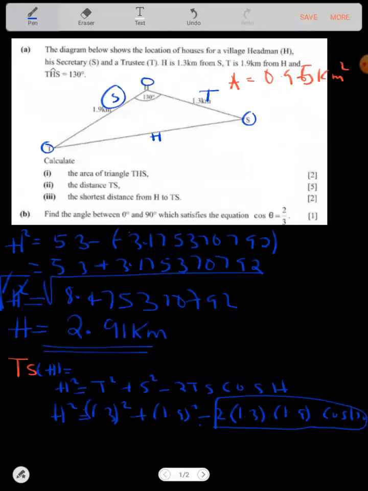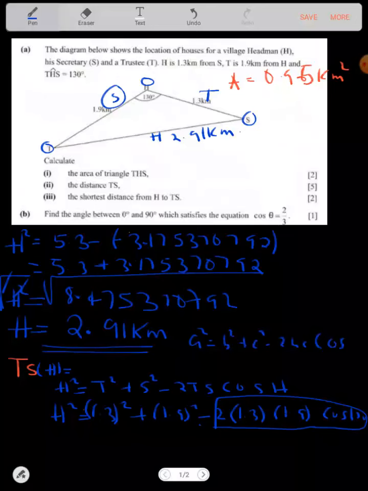So keep in mind this is 2.91 kilometers using the cosine law. Remember, the cosine law is a squared, which is equal to b squared plus c squared minus 2bc cos A. The angle which is here should be the corresponding side for that.